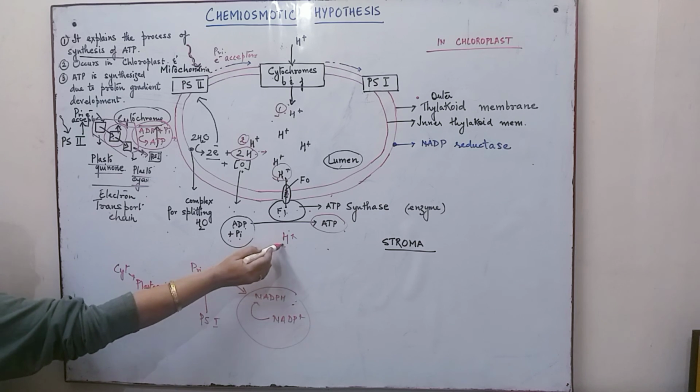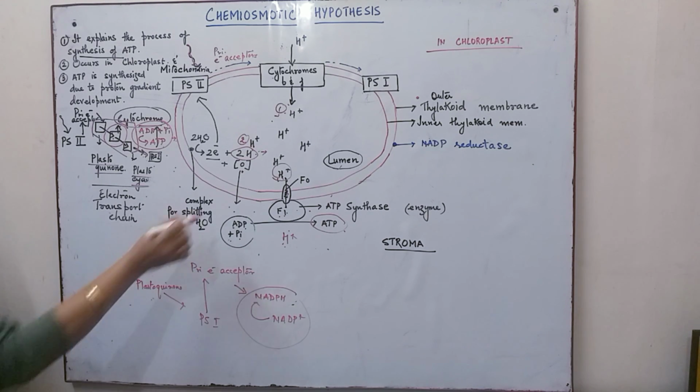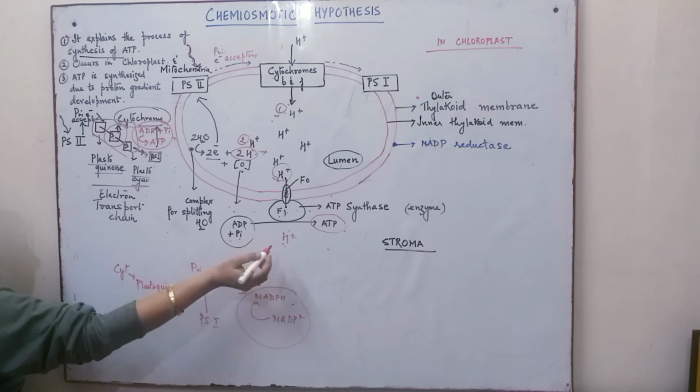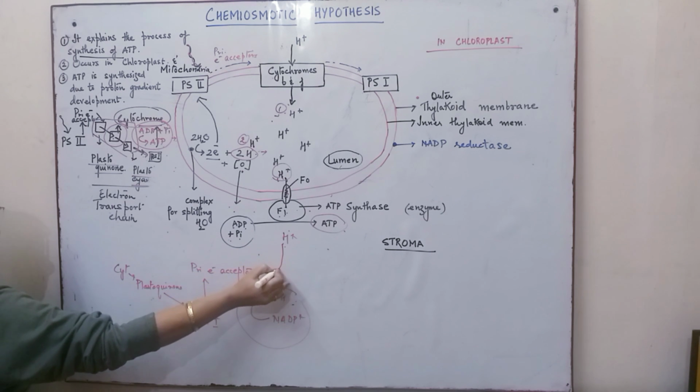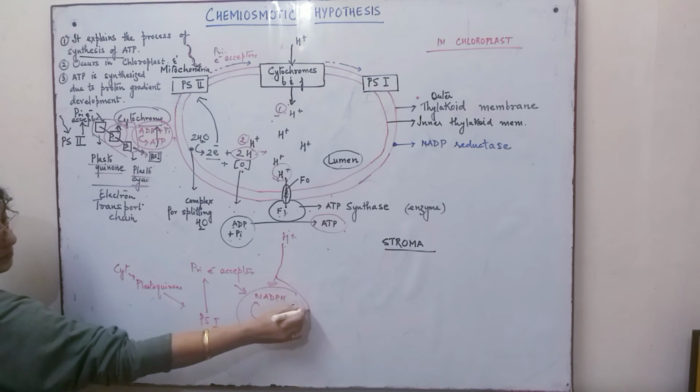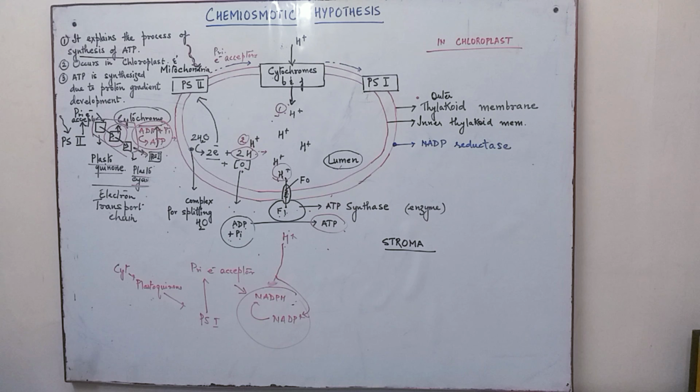Now, how does this happen? The protons which are being released, that is coming from the lumen to the stroma, are taken up by the NADP. Remember, the NADP reductase enzyme is present on the outer thylakoid membrane, towards the stroma side.